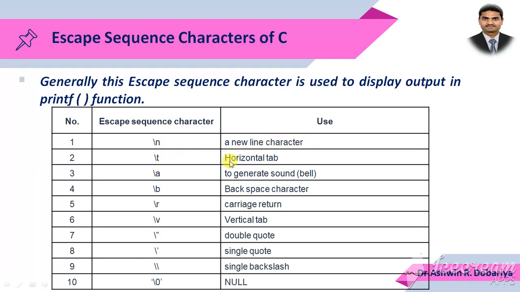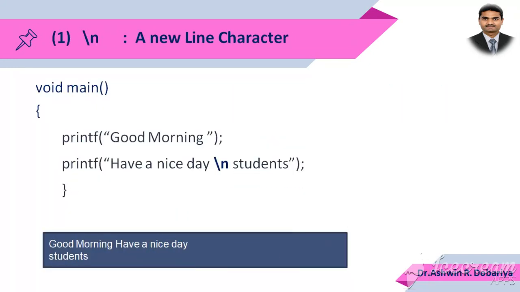Then \t, which leaves a horizontal tab in the output. Then \a, which generates a bell sound, and \b, a backspace character. \r is a carriage return, \v is a vertical tab, then backslash with double quote, single quote, backslash, and null. We'll see one by one with examples the use of each escape sequence character.